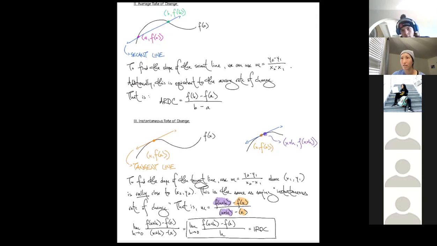They both require 2 points, but the distance between them determines which formula you use. I love that. Exactly. So if we're just saying any 2 random points, great. But as soon as someone says at a single point, which formula are we thinking we want to use? Average rate of change or instantaneous rate of change? Exactly.